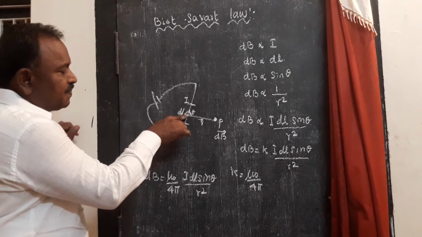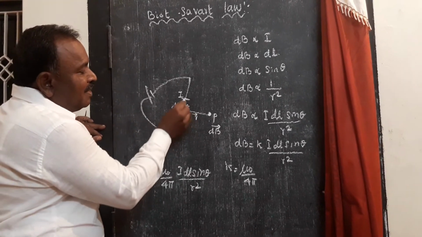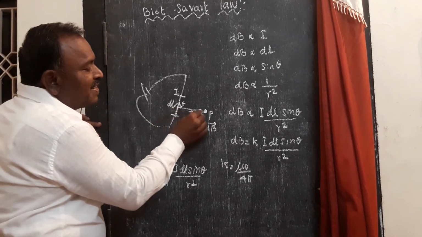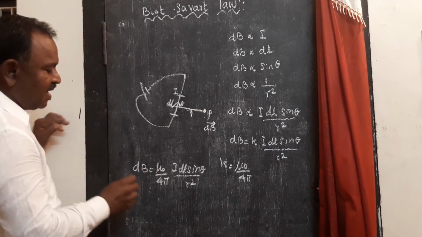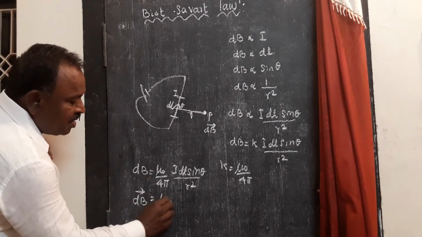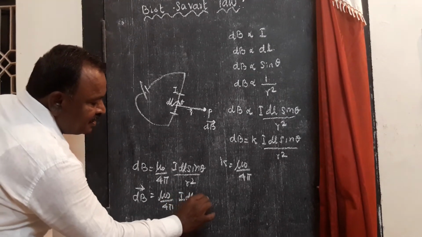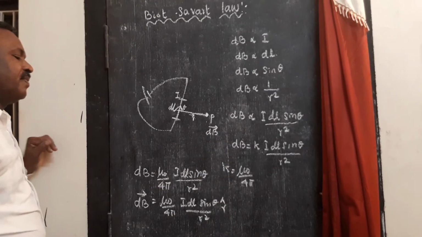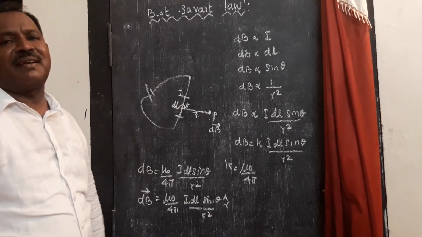Since it is a vector, I dl, the current element, is a vector, and r is a position vector.